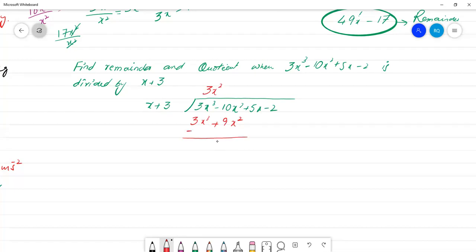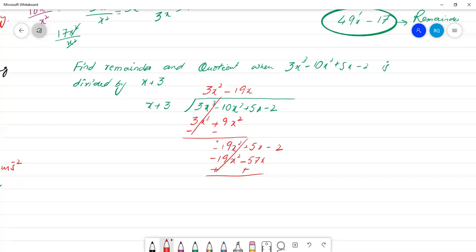That sign is minus, that is minus. The first term will cancel out. Minus 19x square plus 5x minus 2. Minus 19x. So minus 19x square minus 57x. That is plus, that cancel out.